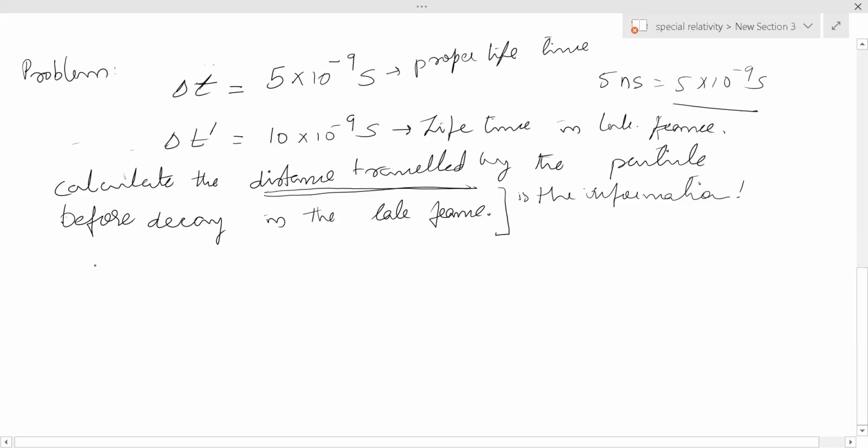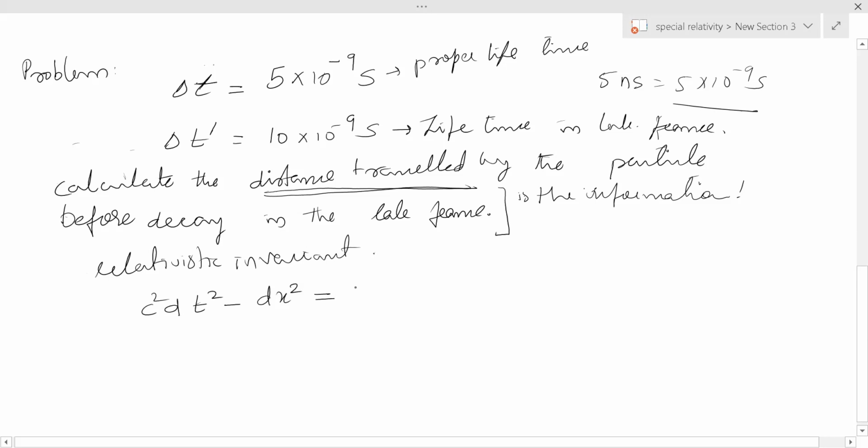The information is that there's an invariant quantity. We can use a relativistic invariant quantity, or a Lorentz invariant, which we discussed in the last class. This quantity, c square dt square minus dx square, is a Lorentz invariant quantity.